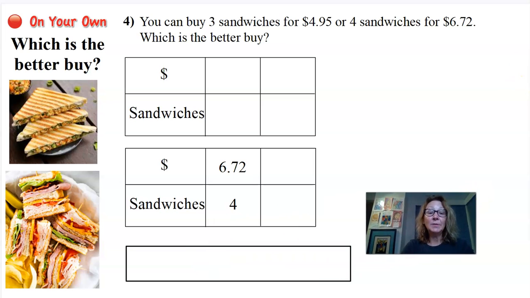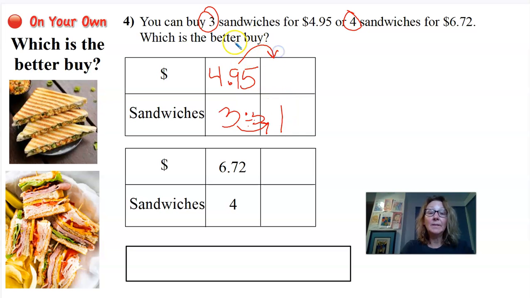Again, if you want to find a common quantity, I'm going to just put in the $4.95 for 3 sandwiches. If you buy 3 of something or 4 of something, a common multiple would be 12. So you'd have to figure out how much it costs for 12 of those sandwiches. I'm going to go ahead and do the unit rate. So I'm going to divide by 3 to get 1.